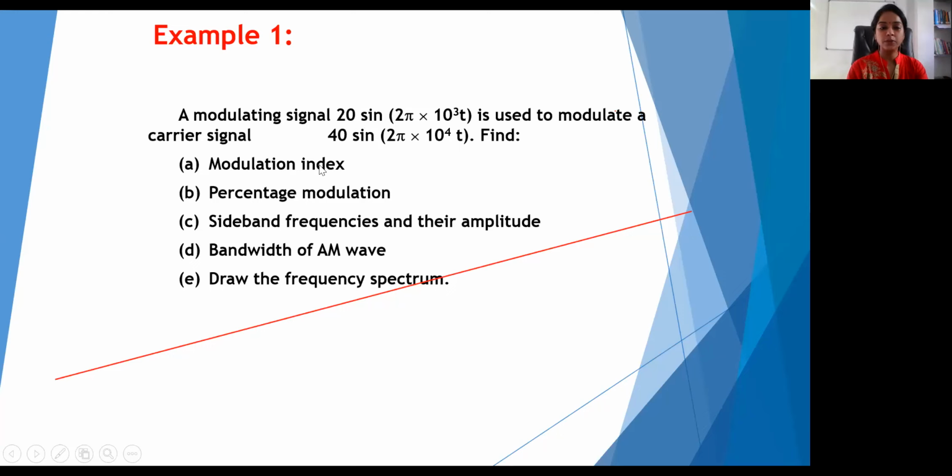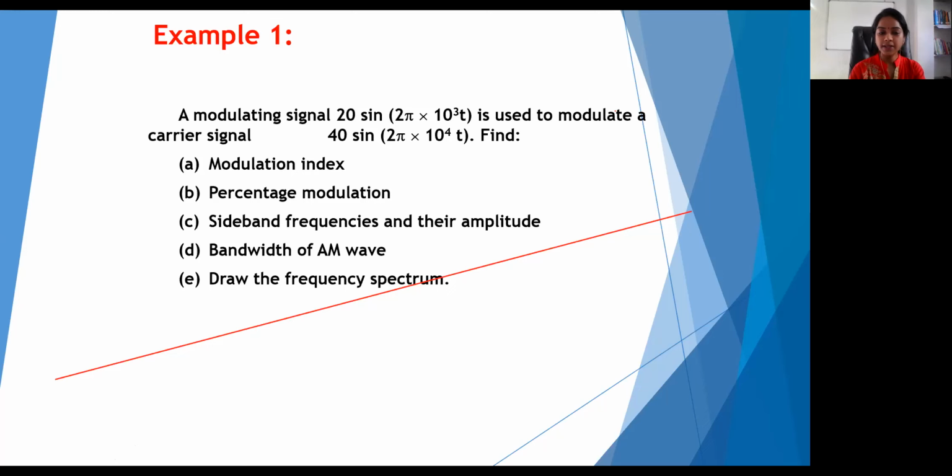Here you have to calculate these terms: modulation index, percentage modulation, then sideband frequencies and their amplitudes, bandwidth of the AM wave, and then you have to draw the frequency spectrum also. Once you find the sideband frequencies, you have the carrier frequency, upper sideband frequency, lower sideband frequency and their amplitudes.